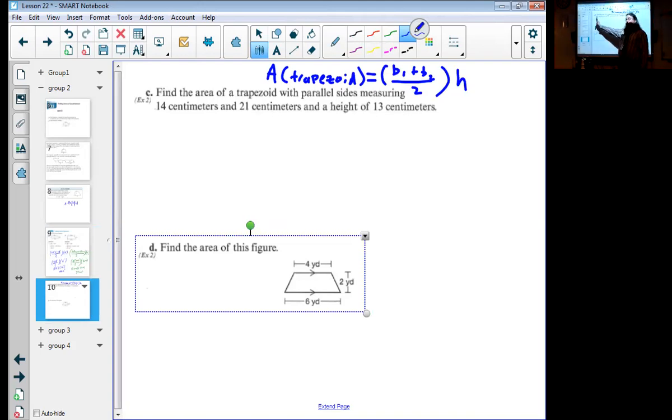Our base 1 is the smaller of the two. So A is equal to 14 plus 21 over 2, and our height is 13 centimeters.